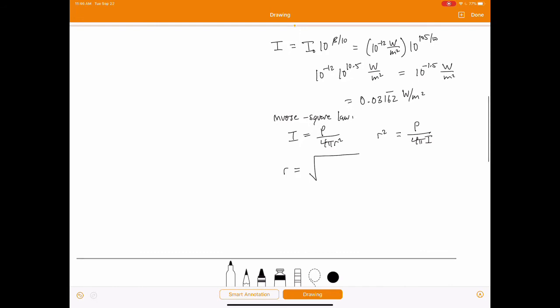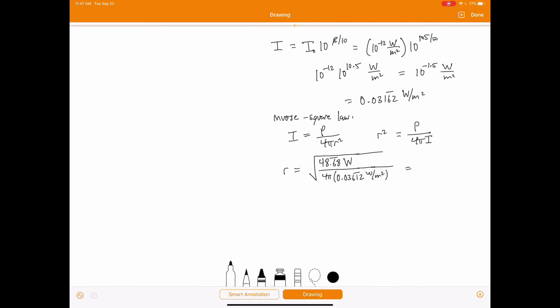Okay, remember, P is the power output of the source, which is 48.68, measured in watts, divided by 4 times π, times the intensity I, which is 0.03162 watts per square meter. And if you take a look at the units, this will work out to meters.